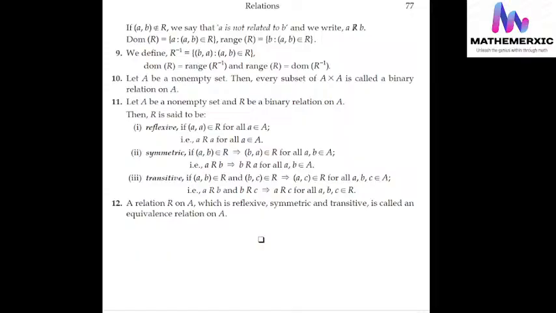Symmetric: (a, b) belongs to R implies (b, a) belongs to R for all a, b belongs to A. A is related to B implies B is related to A.